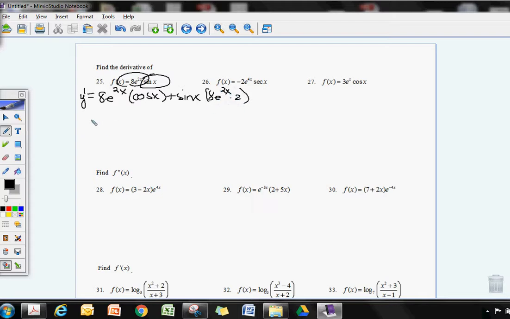So cleaning this up, 8e to the 2x cosine x, and adding it on to 16e to the 2x sine of x.